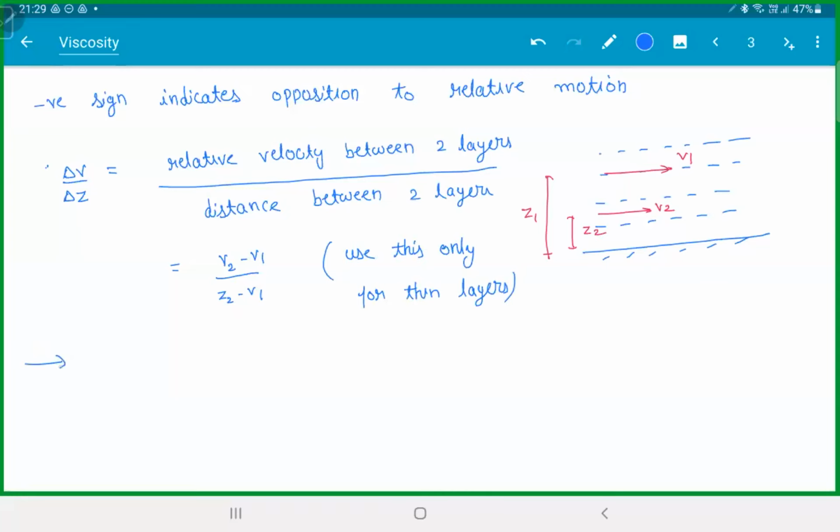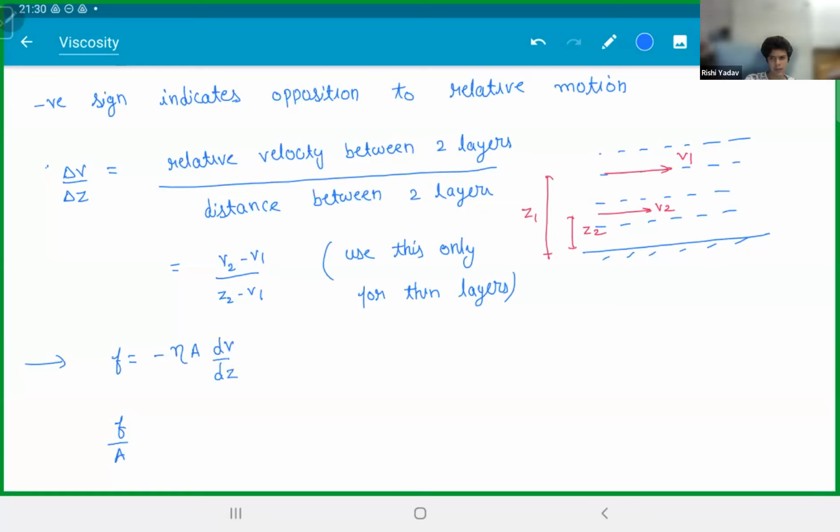Okay. And one more thing, when you write this formula, F is equal to minus eta A dV by dz, can I call this quantity F by A? Is this pressure? We know force by area is pressure. Is this pressure? Why?